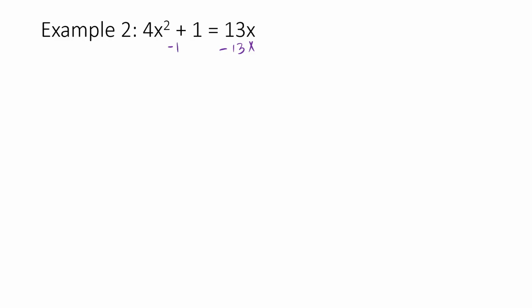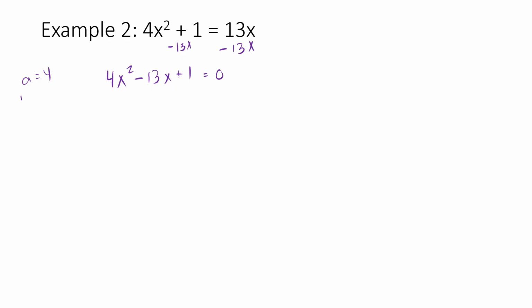And as I go to subtract the 13x, I'm going to subtract it from the middle here. So instead of doing plus 1 minus 13x, which is technically equal to 0, but the terms are out of order, I'm going to go ahead and put that 13x in the middle where I want it to be: 4x squared minus 13x plus 1.